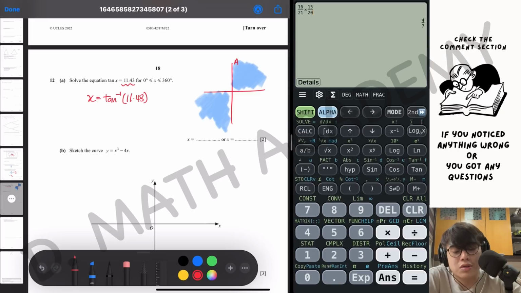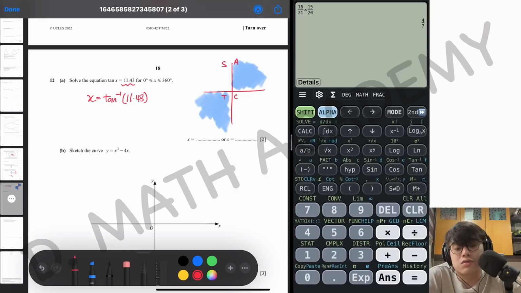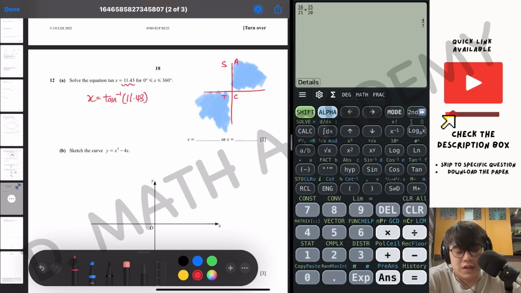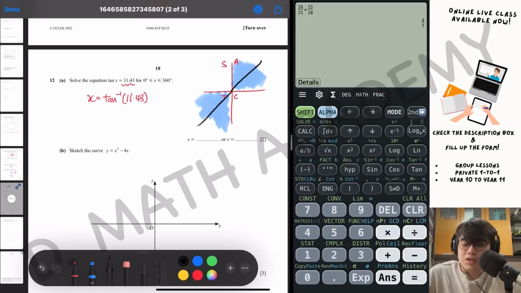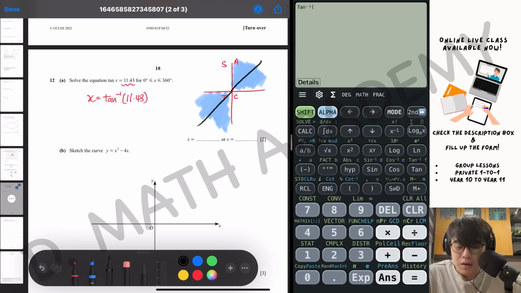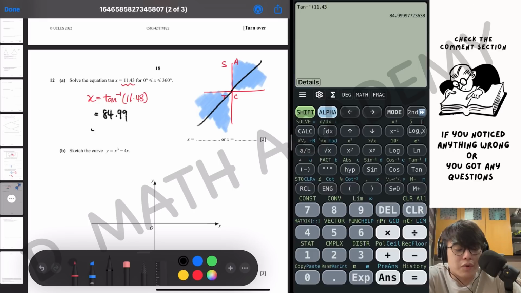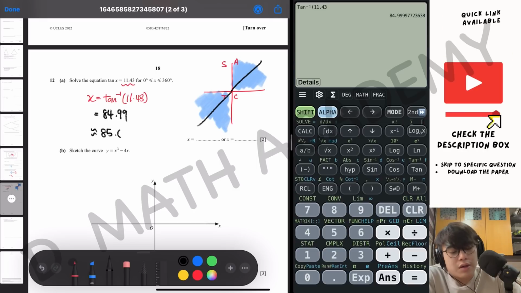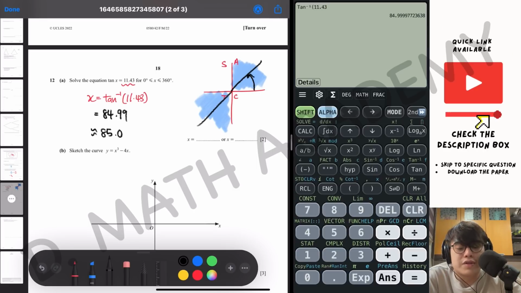Okay, how do I memorize this? It's actually All School Teacher Crazy. So just look at the initial. The initial represent those who is positive in these respective regions. So key in tangent inverse now. So your first answer will be this, which is approximately 85 degrees. Okay, this tells you the result is here.